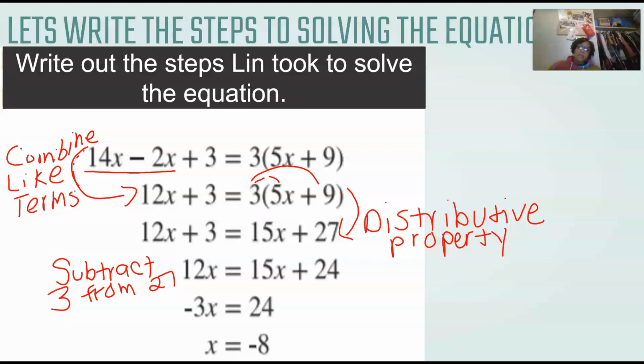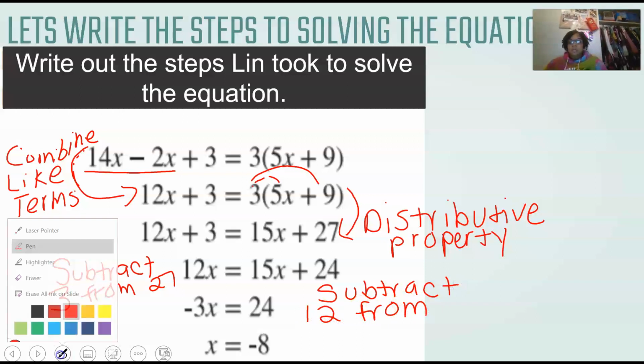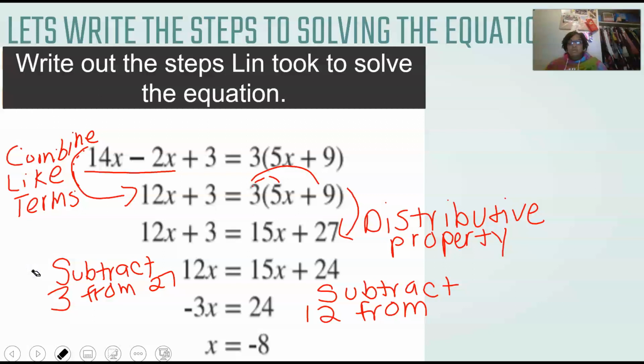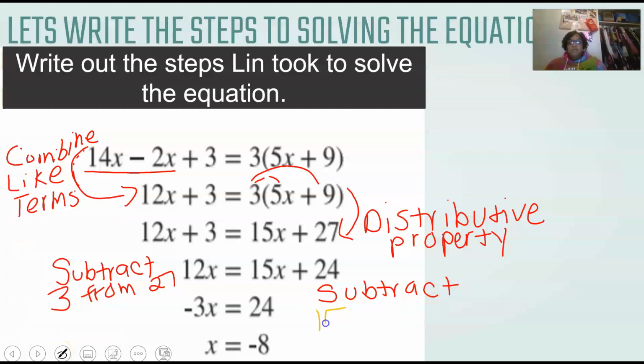And then she subtracted 12 from, well, I should say she subtracted 15 from 12.